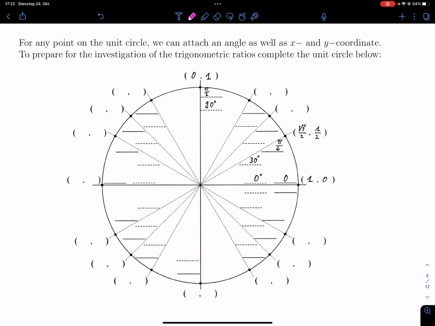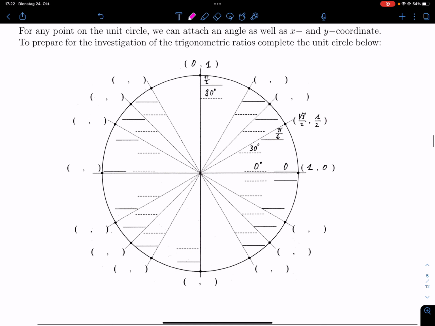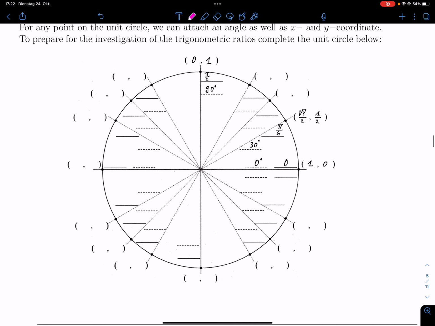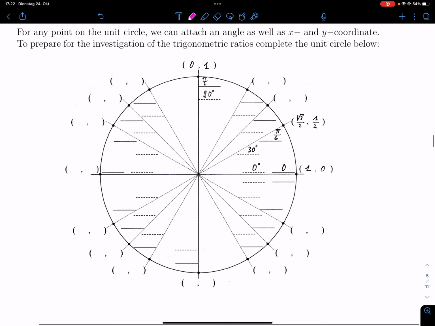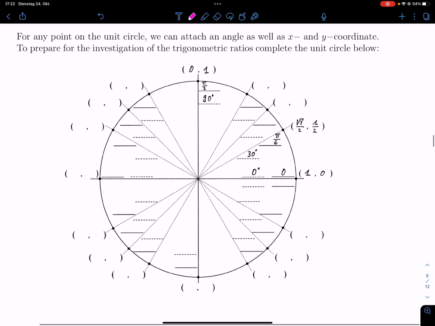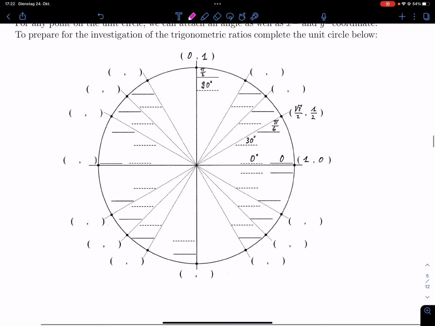I won't do this here because we did that in the lessons, but please consult your script or do it again for this unit circle to see which angles are where. But it's fairly intuitive. I mean, you just continue. Here is 0 degrees, here's 30 degrees, here is 45 degrees, 60 degrees, and so forth.